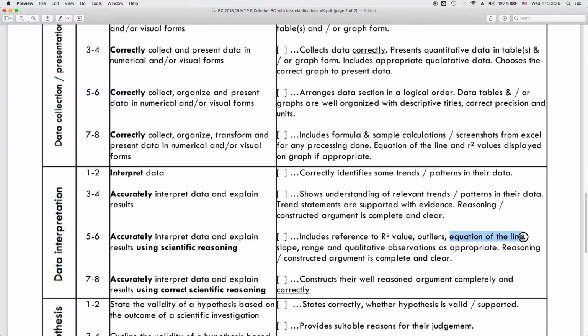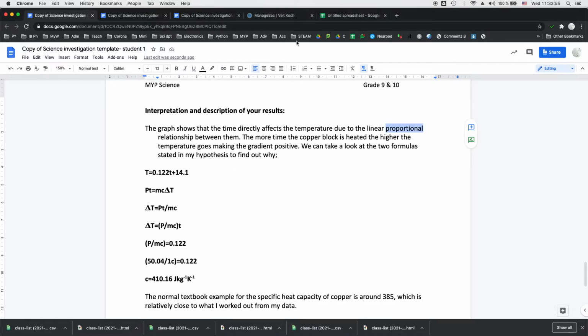Well, no, there is a comment because the equation of the line is used to calculate the specific heat capacity. I would say this definitely gets a 6. I would be hesitant to go higher because of the mix up of directly proportional and linear.